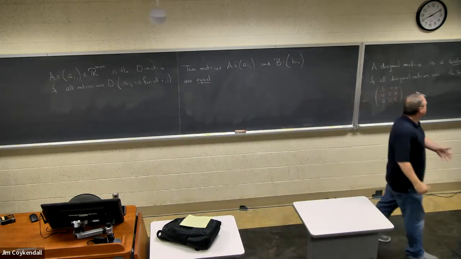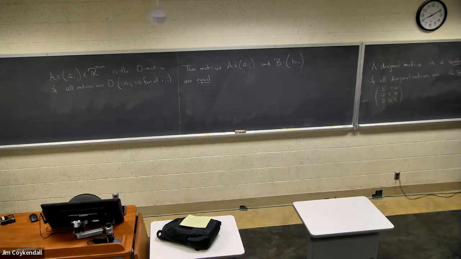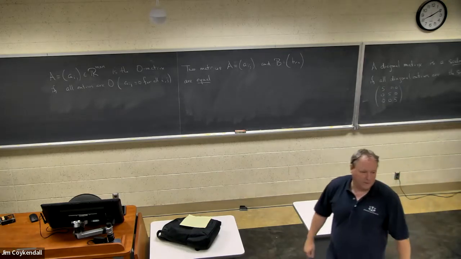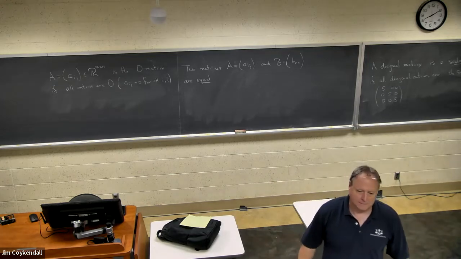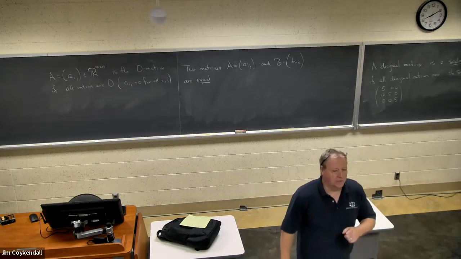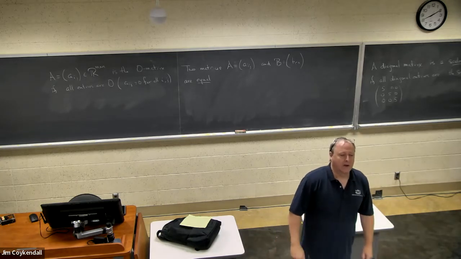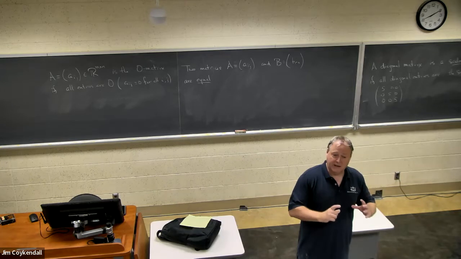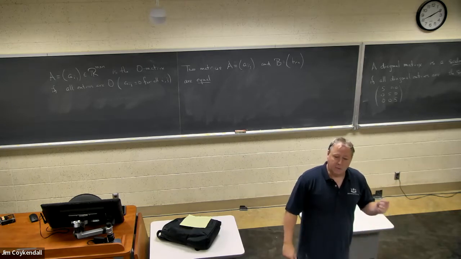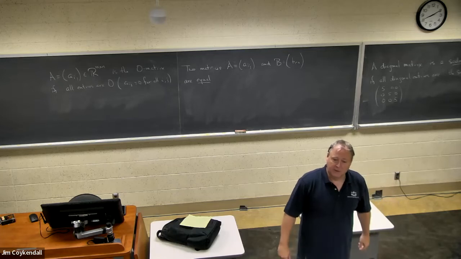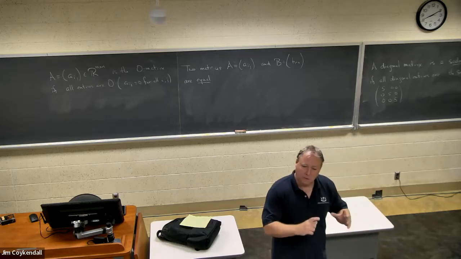What do you suppose it takes for two matrices to be equal? What do you suppose is the appropriate thing to say about whether two matrices are equal? They have to be scalar multiples of each other, because you can scale the other down. It's more than scalar multiples, because, for example, if you look at the identity matrix, now if you multiply that by 2, that's the matrix 2, 0, 0, 2. I don't think I'd want that to be equal to 1, 0, 0, 1.